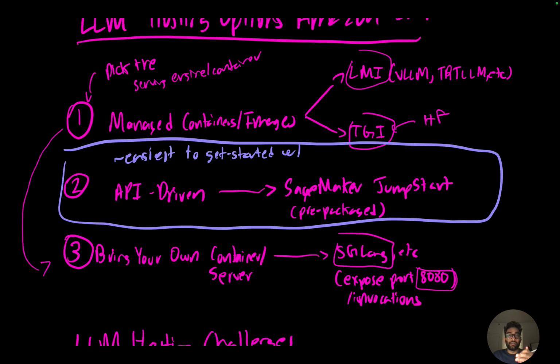So if you really don't want to deal with any of those lower level details, you can go the JumpStart route. It's not serverless, just to clarify, there's still going to be compute behind it, but it's pre-chosen for you depending on the LLM that you pick from it. So it's really a model zoo, very similar to Hugging Face, with different OSS models and LLMs across all this.